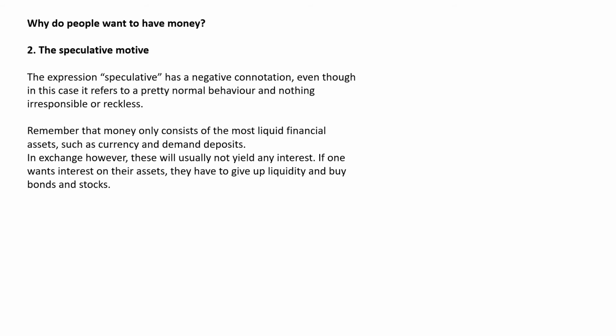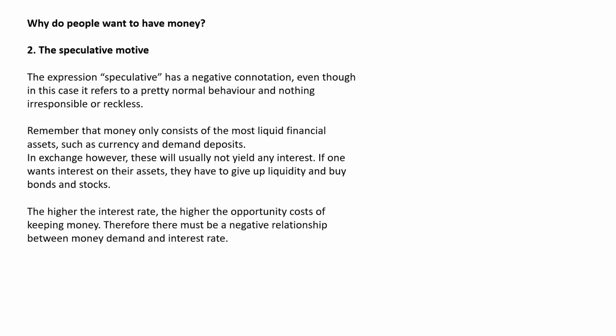So under a normal situation, if you want any interest, then you have to use your money to buy some interest-bearing but less liquid assets, for example bonds and stocks. As a result, we can see that the higher the interest rate, the higher the opportunity cost of keeping money will be. So, in order to remain liquid, you have to give up some possible interest. There must be a negative relationship, therefore, between money demand and the interest rate.